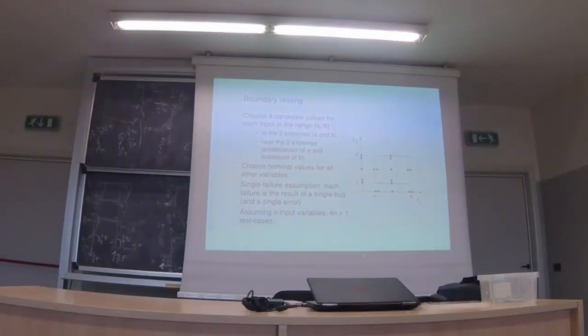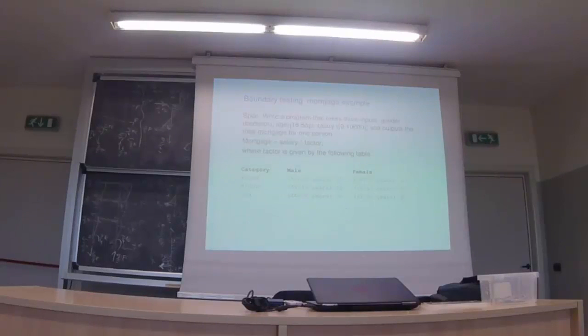We use the single failure assumption. So we assume that our code is not working because of a bug, and each failure is the result of a single bug. Not always true, but we can suppose this. Assuming we have n possible input variables, with this test mode, boundary testing, we need to do 4n plus 1 test cases.